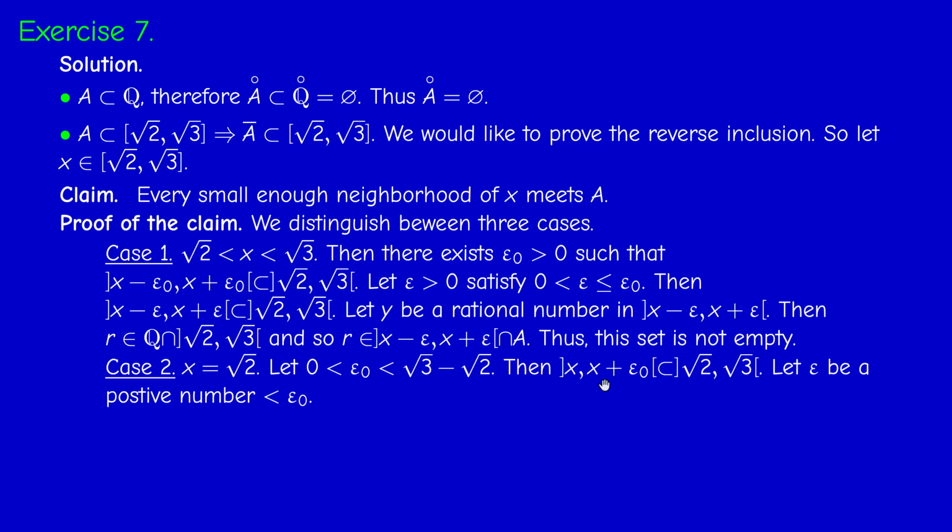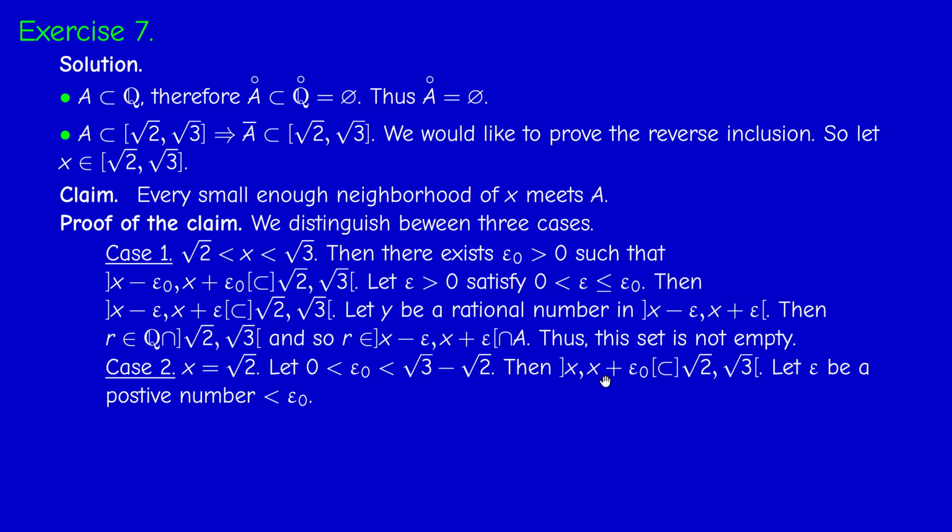So √2 + ε0 is contained in (√2, √3) because ε0 is less than √3 − √2. So √2 + ε0 is less than √3.